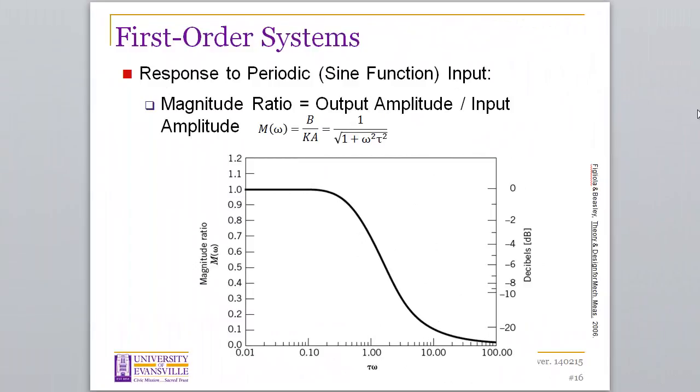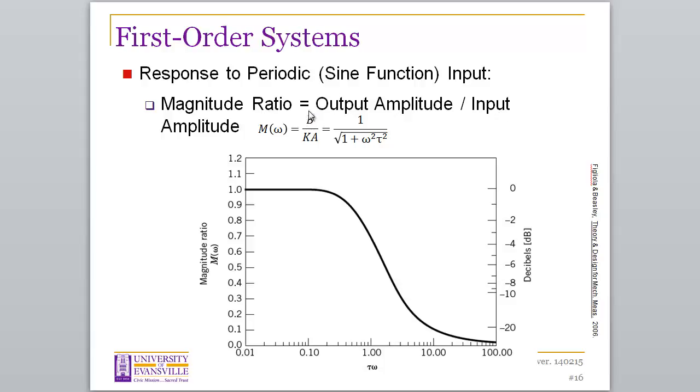So to see how this magnitude change is a function of frequency and time constant, what we'll do is define this magnitude ratio. Magnitude ratio is capital M, and we'll call it the amplitude of the output signal divided by the amplitude of the input signal.